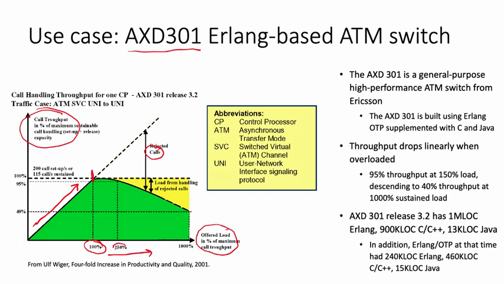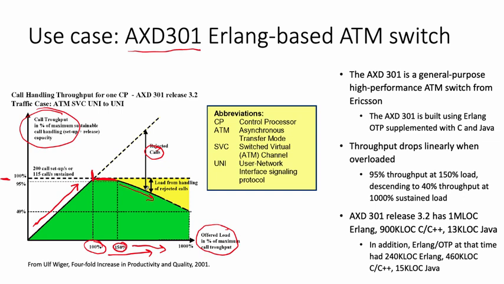When you go to 150%, you can see that the number of accepted calls does not change. We have the maximum performance of the system. But when you keep increasing the requests, you overload the system, and you can see that the performance slowly goes down.